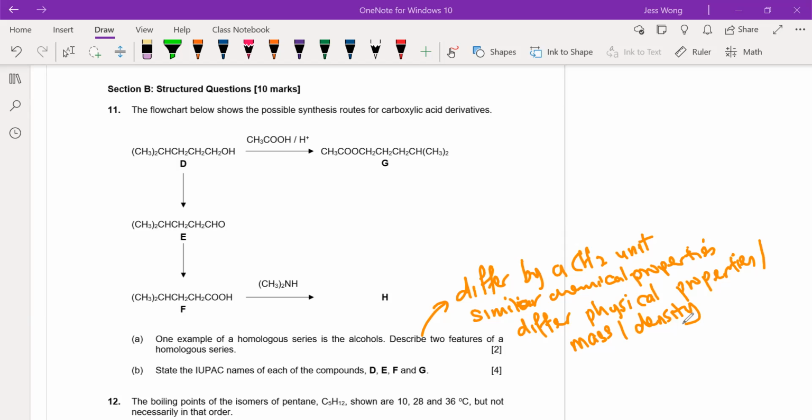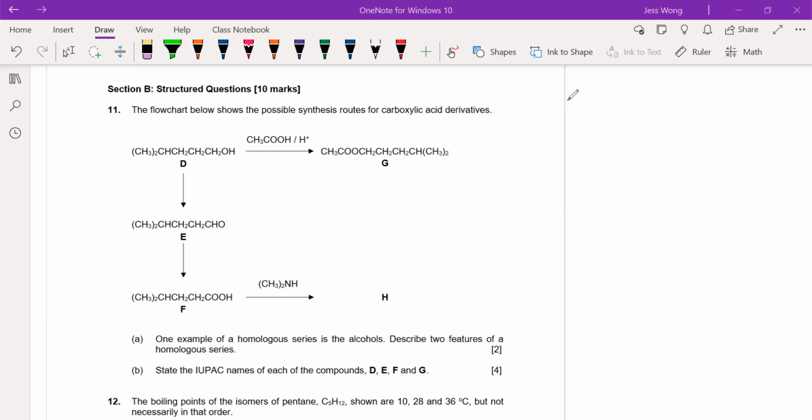Next, we are looking at the IUPAC names of D, E, F, G. So let's look at the name of D. First, maybe you would like to sketch out the structure. This carbon over here is bonded to 2 methyl groups.